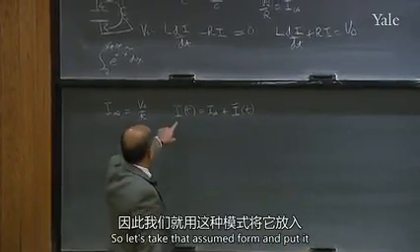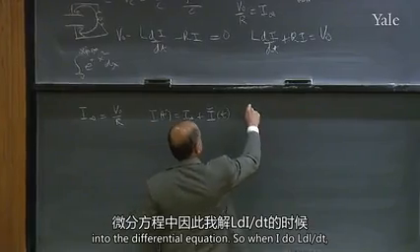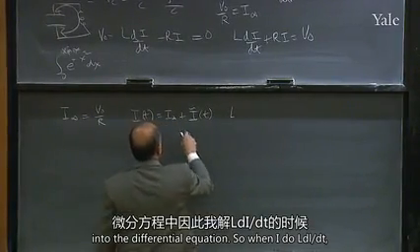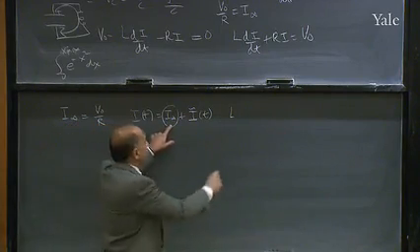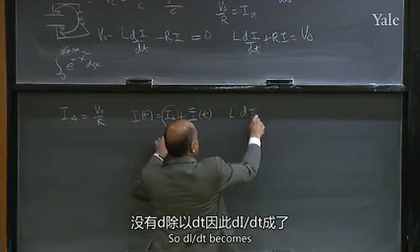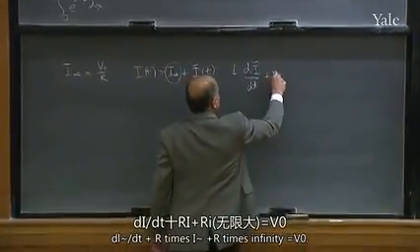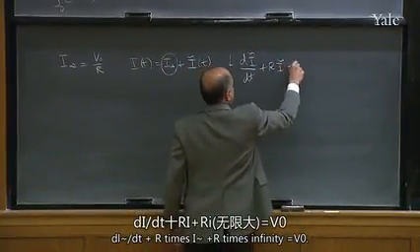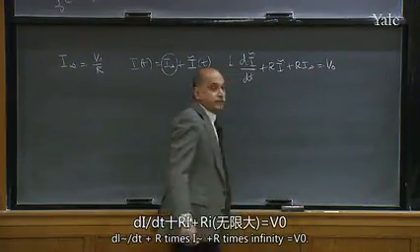So let's take that assumed form and put it into the differential equation. So when I do L di/dt, this is a number, V0 over R. It has no d/dt. So L di/dt becomes L d I twiddle/dt plus R times I twiddle plus R times I infinity equals V0.